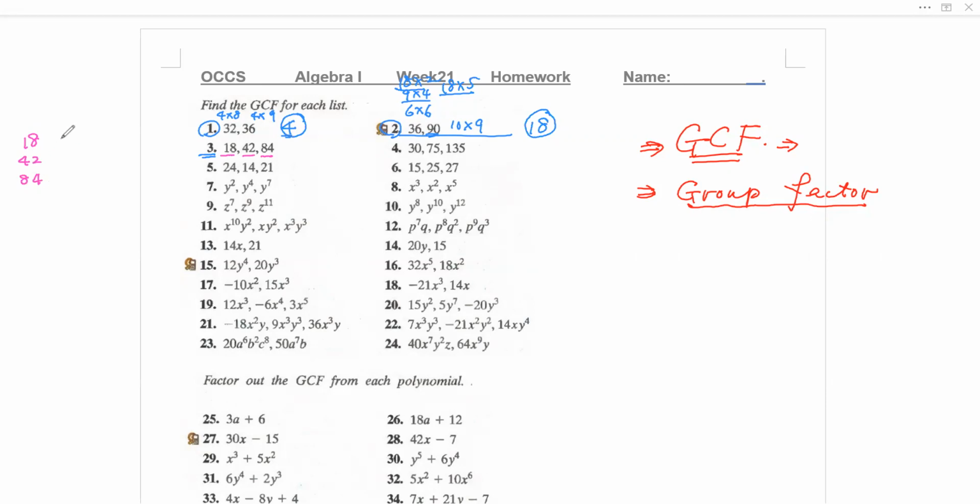So okay, we can quickly see here, use your mind. 6 times 3, 6 times 7, this is 6 times 14, right? So 3 and 7 are prime to each other already. So 6 is the greatest common factor. Did you guys get it?